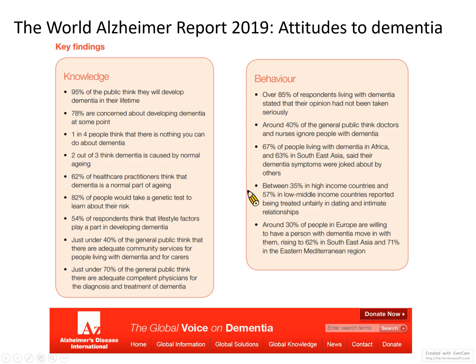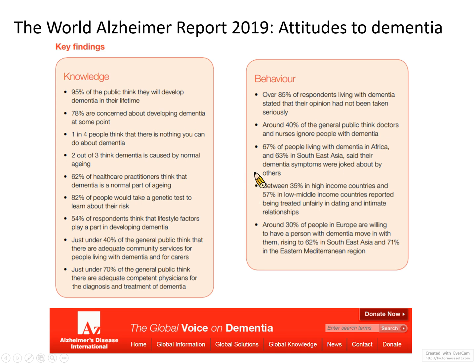And I want you to know that there are good resources on the internet showing the current attitudes towards dementia, about the knowledge and behaviors.